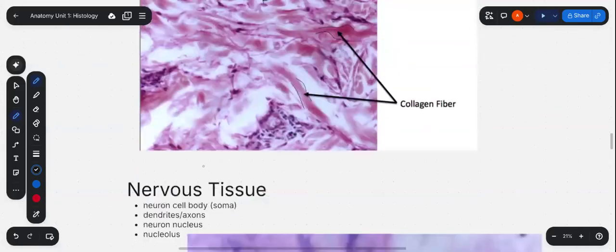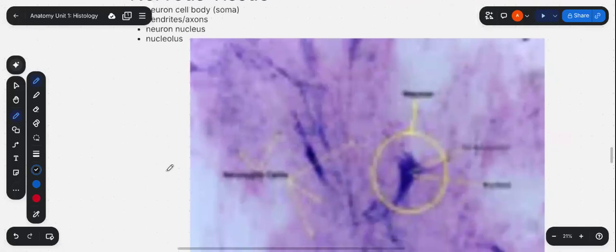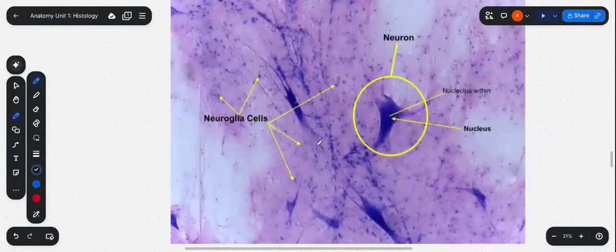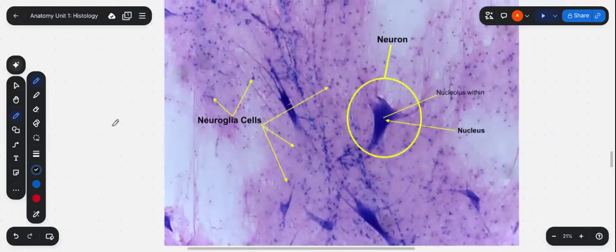All right, moving on. Now we have nervous tissue. Nervous tissue is really cool because it kind of looks exactly like one of those nervous models. So you have the soma of the neuron, aka the cell body of the neuron, is this kind of like big triangular blob looking thing.